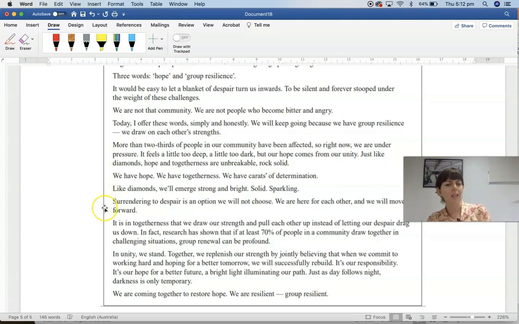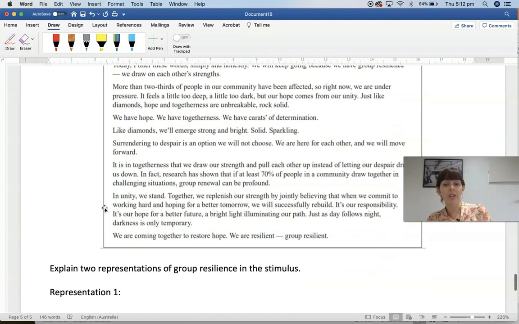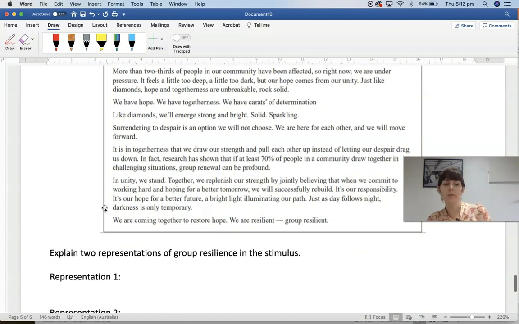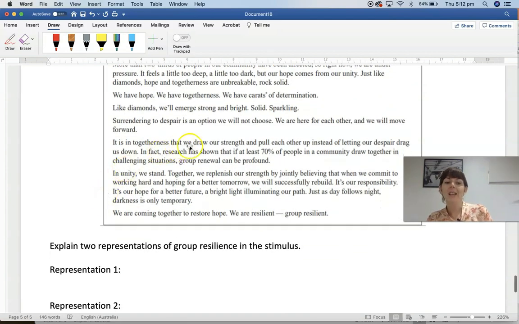Surrendering to despair is an option we will not choose. We are here for each other, and we will move forward. It is in this togetherness that we draw our strength and pull each other up instead of letting our despair drag us down. In fact, research has shown that if at least 70% of people in a community draw together in challenging situations, group renewal can be profound. In unity, we stand.